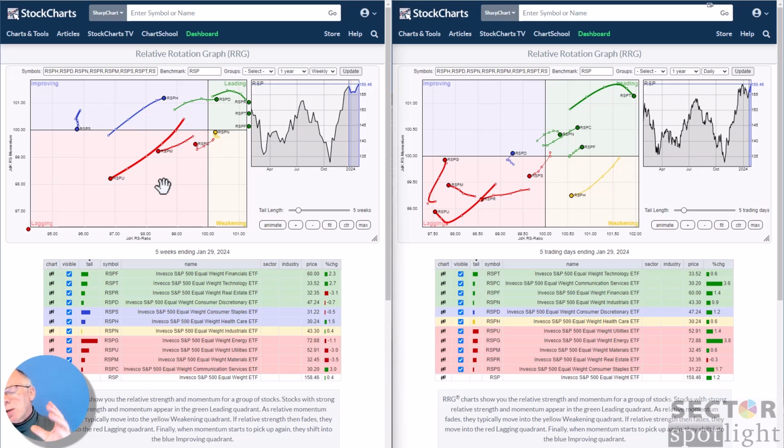By combining these tails for cap weighted and equal weighted, we can sort of make up our mind and have input and guidance on whether we should be focusing on the larger cap stocks or the second tier, which means probably the mid and small cap stocks, because they are way more important when you look at the equal weight sectors. So the mega cap influence is taken out of this.